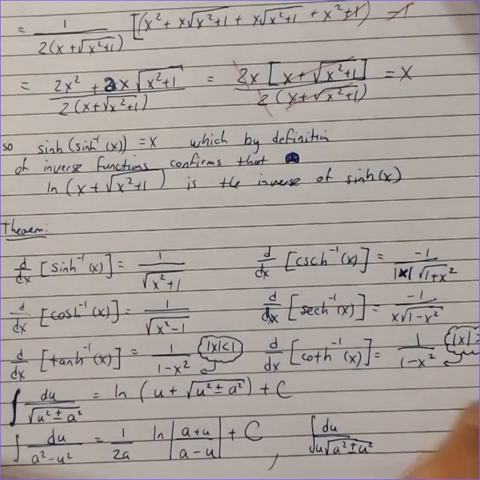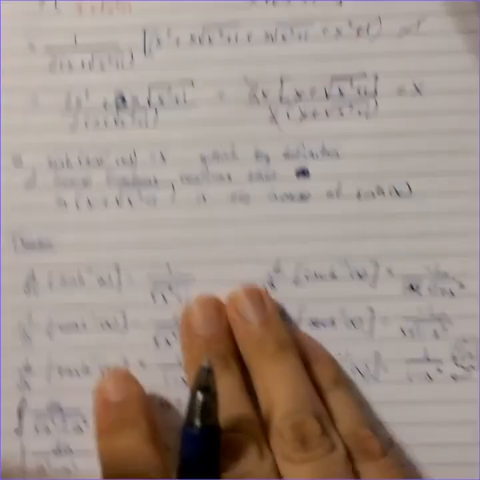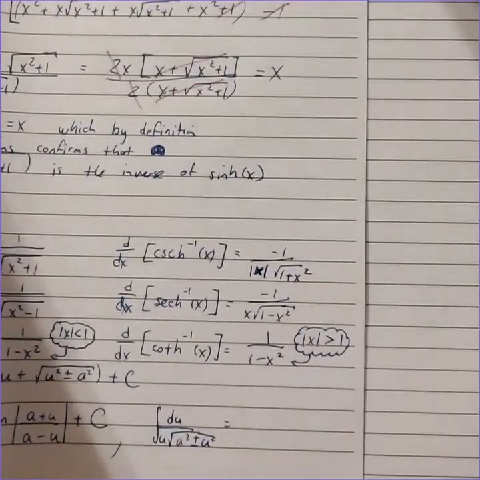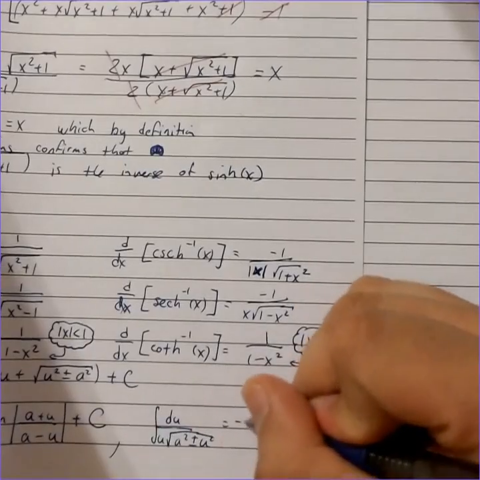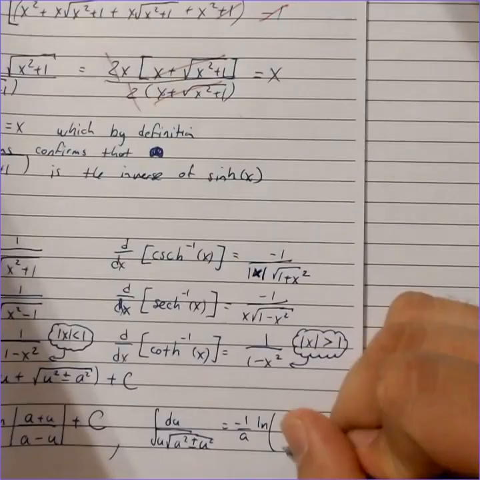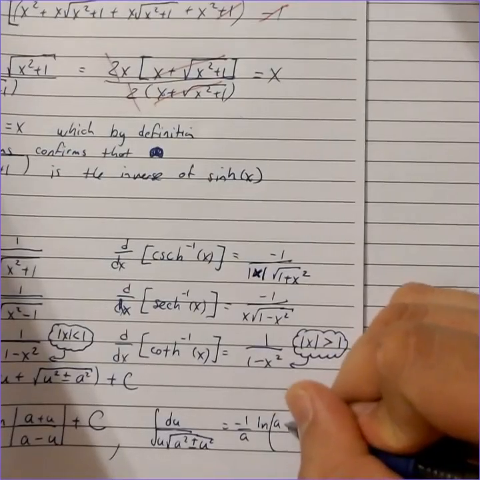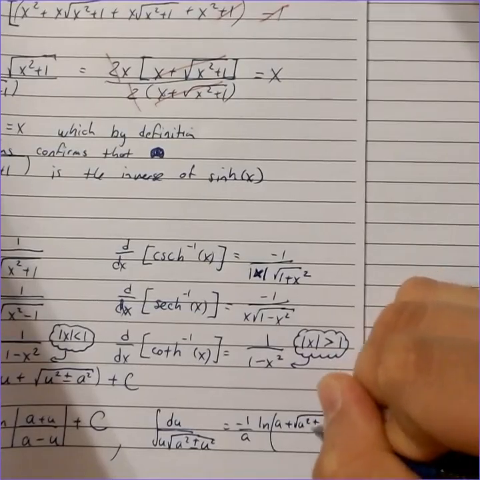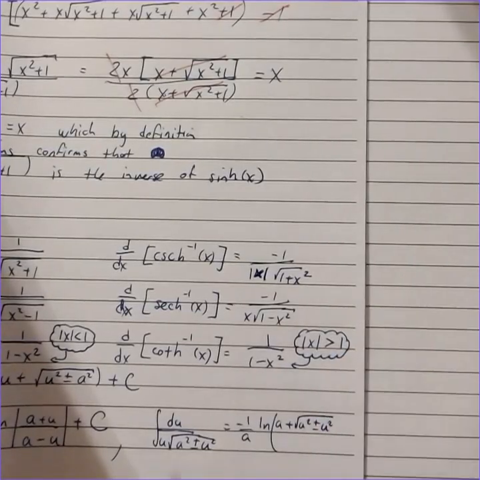We're going to end up with having that equal to negative 1 over a times the natural log of a plus the square root of either a squared plus or minus u squared. And again, if that's a plus, that's a plus. If that's a minus, that's a minus.